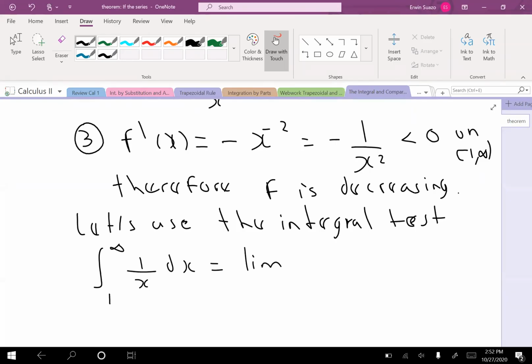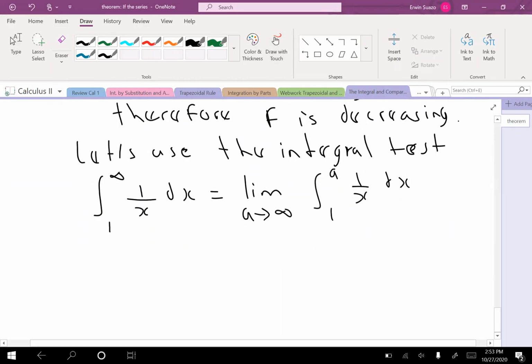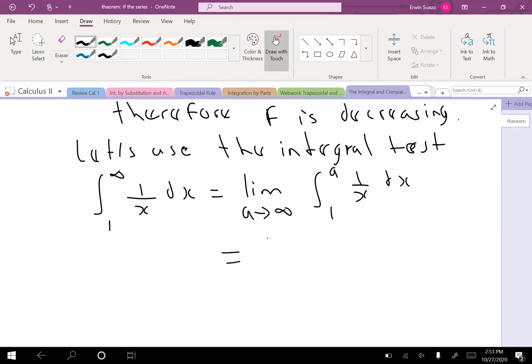This is the limit as a goes to infinity of the integral from 1 to a of 1 over x dx. What is the antiderivative of 1 over x? ln absolute value of x, between 1 and a.